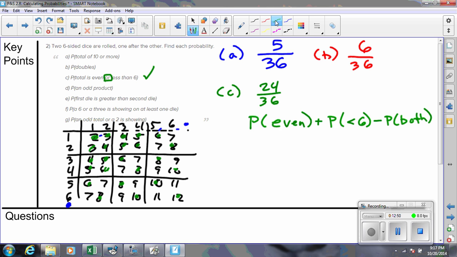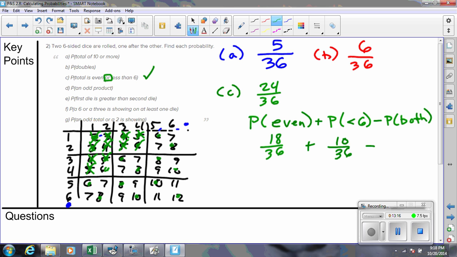Well, what's the probability that it's even? How many ways are there to get even? That's half of them. We knew that there were 18 out of 36. How many numbers were less than 6? 1, 2, 3, 4, 5, 6, 7, 8, 9, 10. There were 10 of them that were less than 6.